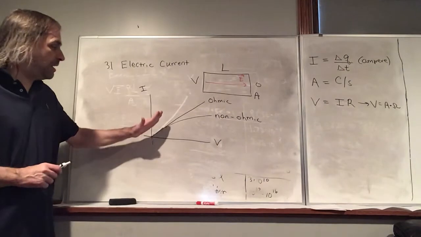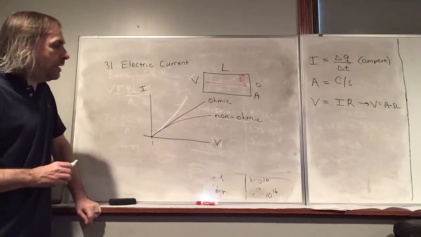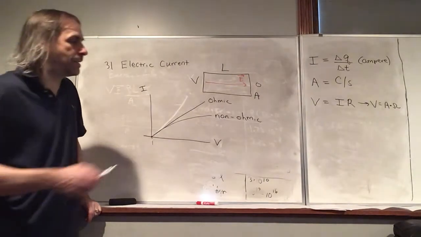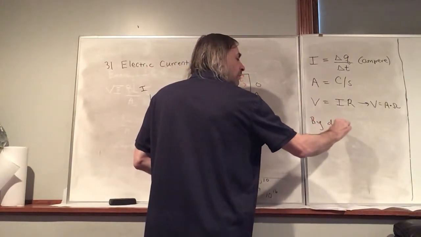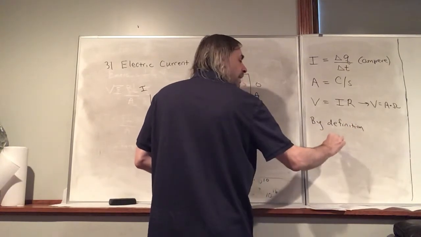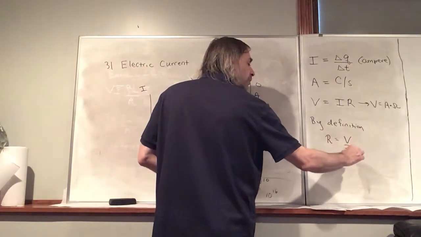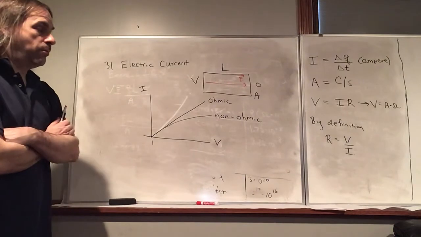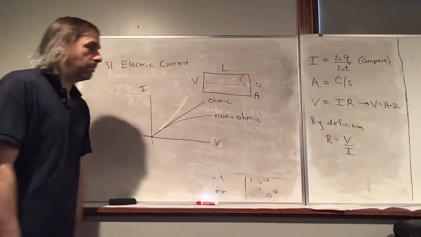Because a great number of materials have this linear relation, what we do is we actually define resistance. So by definition, we say that the resistance of a material is the voltage over the current. And so, in that sense, Ohm's law automatically is valid.